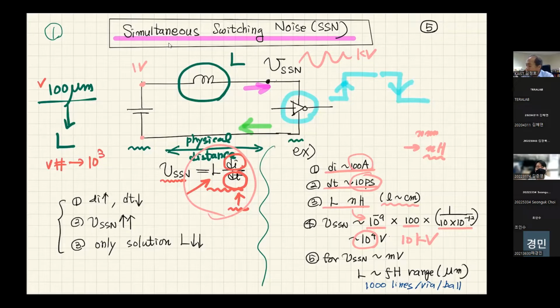In order to bring it down to millivolt level, you have to reduce the effective inductance to the femtohenry range. That would correspond to a distance of less than sub-micrometer. It is physically impossible.